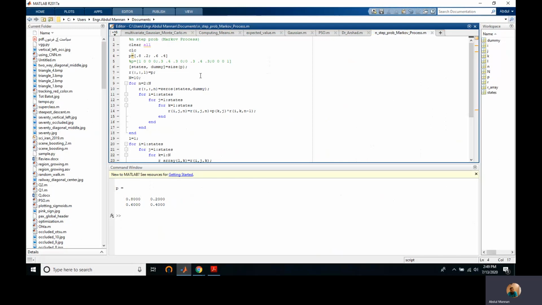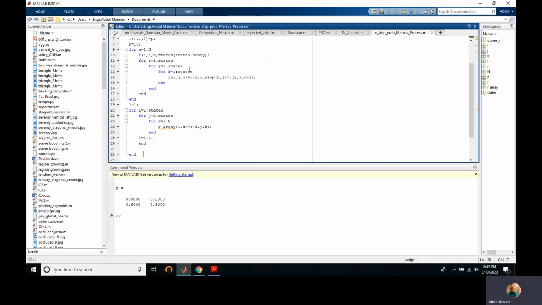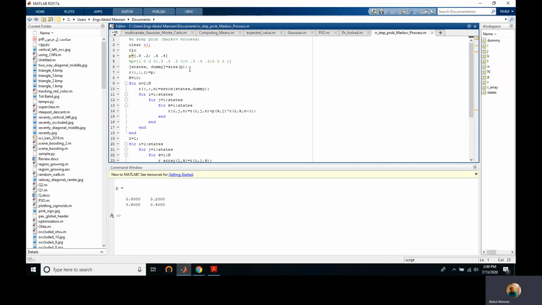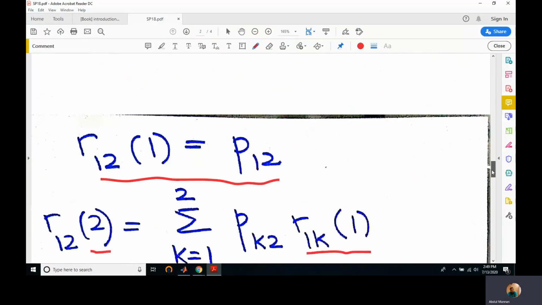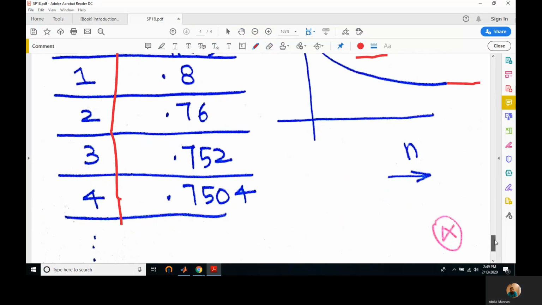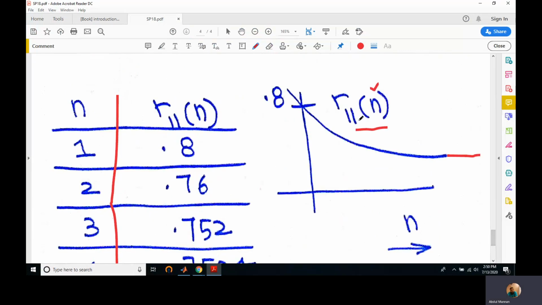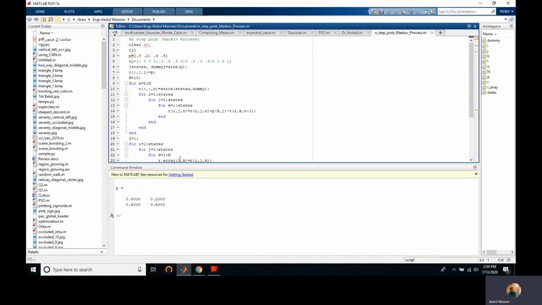That's all, and the rest of the work is done by this code. If you want to understand this code, you go through it. I have tried to compute the steady state probabilities versus increasing n for all these R's, R11, R12, R21, and R22.